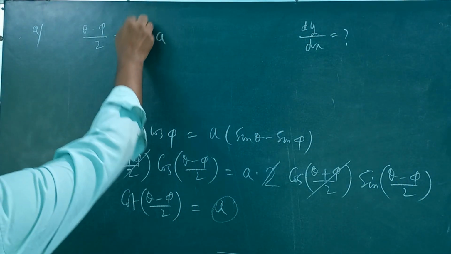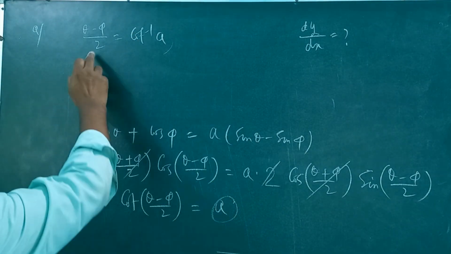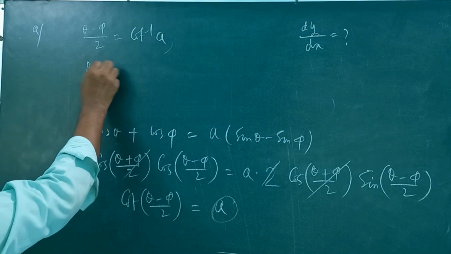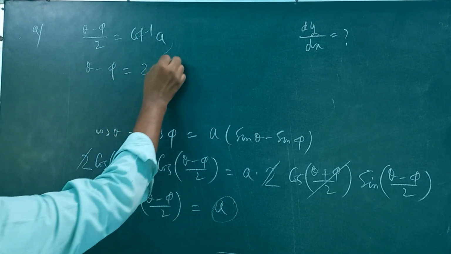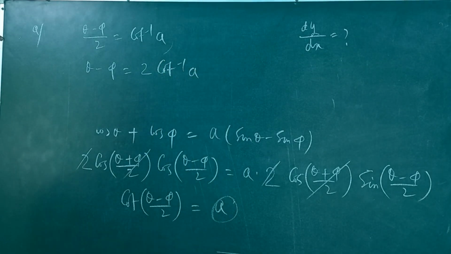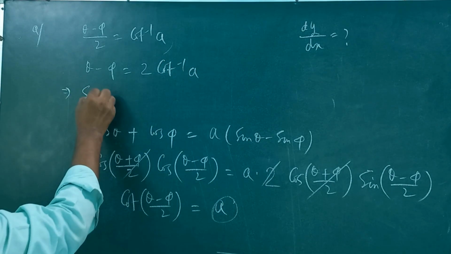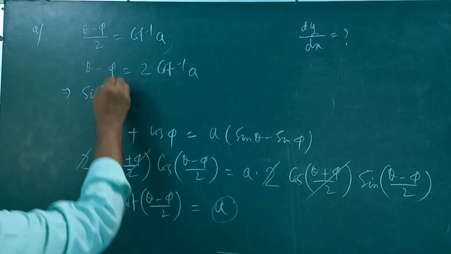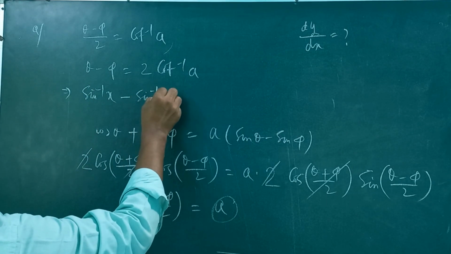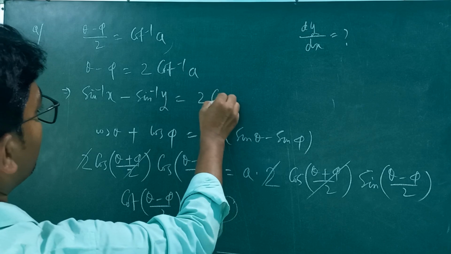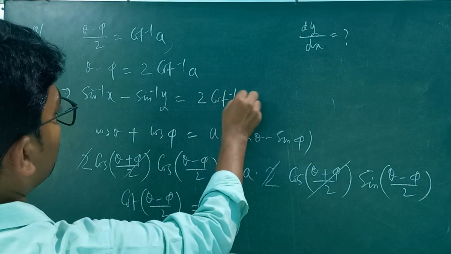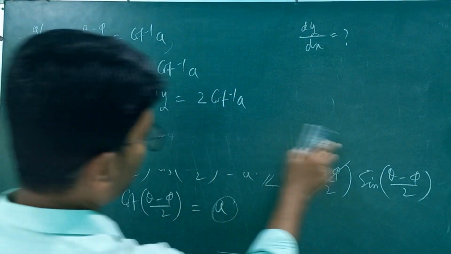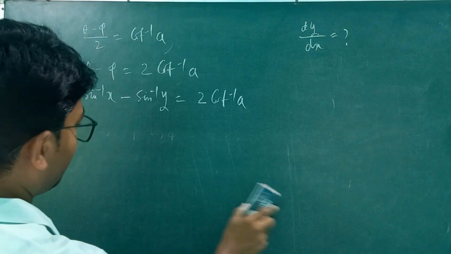So if you take a derivative, it becomes 0. You also shift this 2 to the right side, that is theta minus phi equal to 2 cot inverse of a. Now what is theta? Theta equal to sin inverse of x and phi equal to sin inverse of y, equal to 2 cot inverse of a. That is our simplest structure.